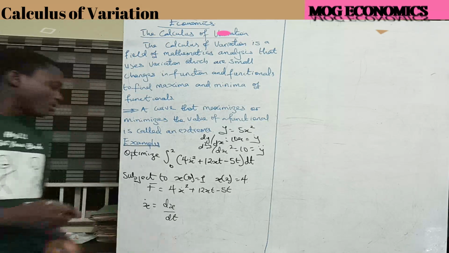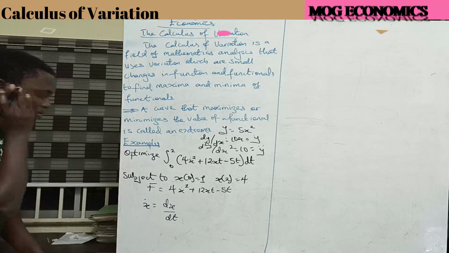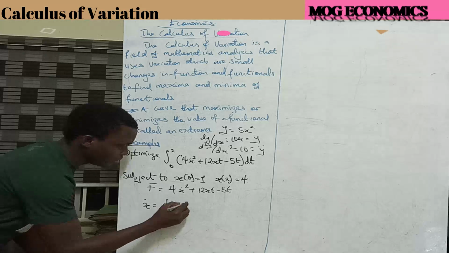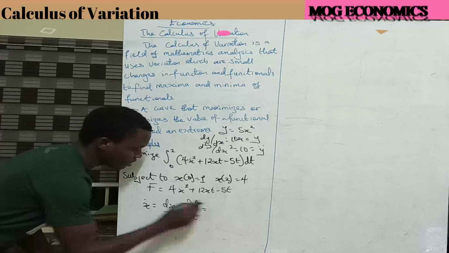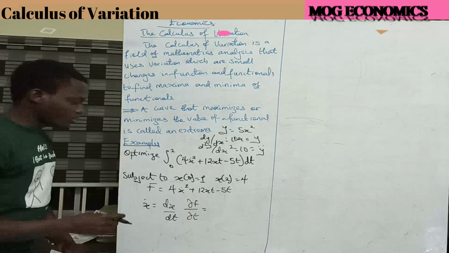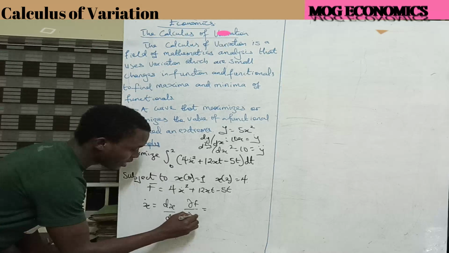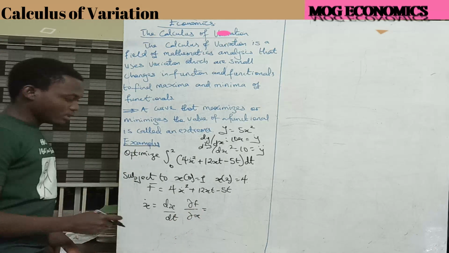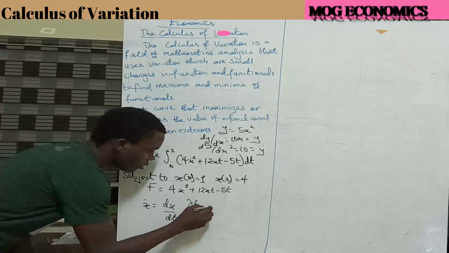You understand? So now, what we are supposed to get is the partial derivative of f with respect to x. Remember, we are doing a partial derivative. So what is the partial of f with respect to x? You have x here, right? So that is going to give us 12t.